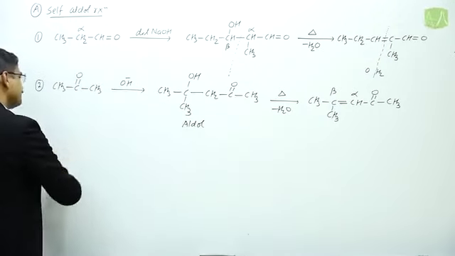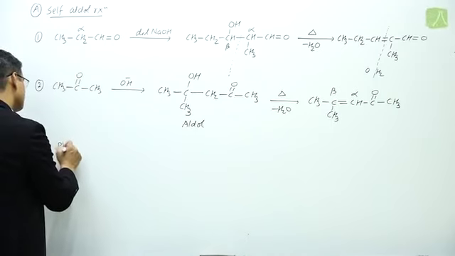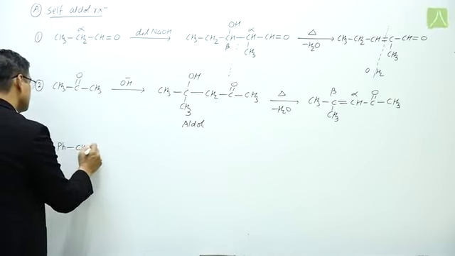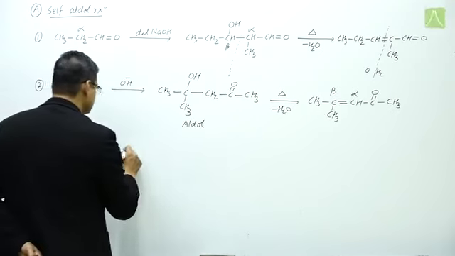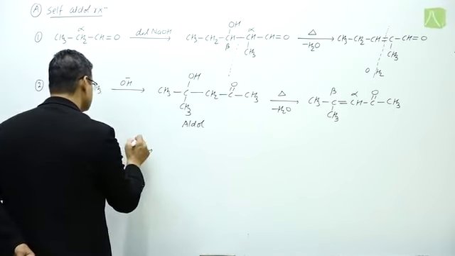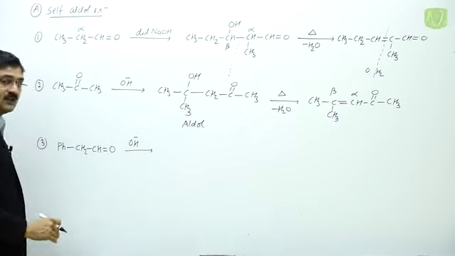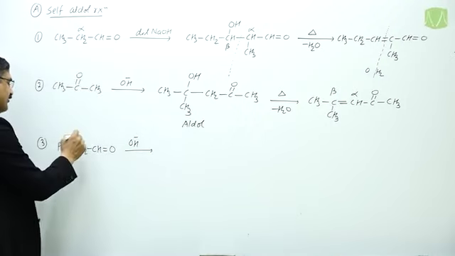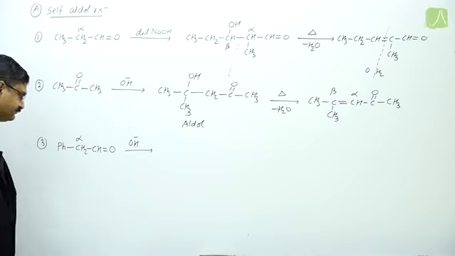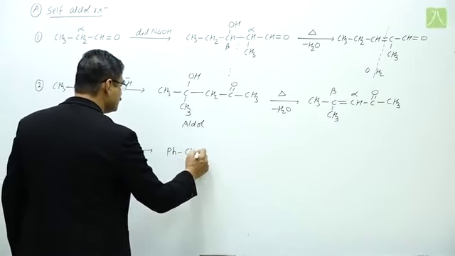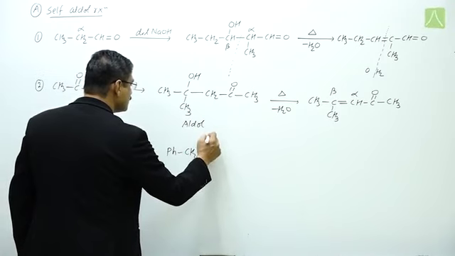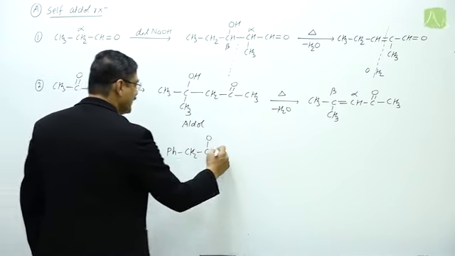Now question number 3. Suppose I take the PhCH2CHO. Then think about the product. Alpha hydrogen is present. So first write the molecule as it is, PhCH2CHO. Now add the nucleophile.